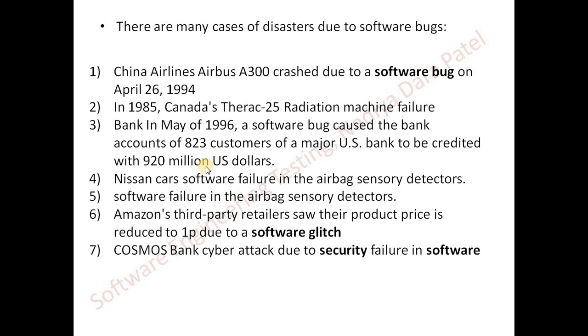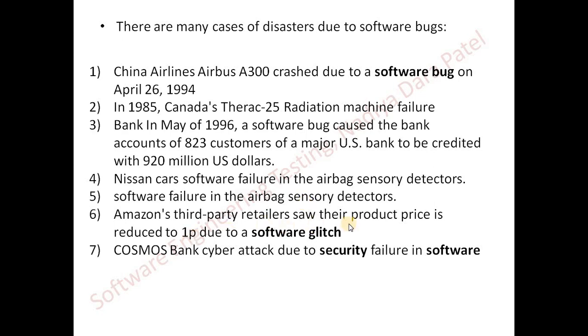As a customer, you might feel happy to read this, but just imagine the loss the bank might have suffered. Nissan cars had a failure in their airbag sensor detector. There was a software failure in the airbag sensing, and accidents took place, as they couldn't satisfy the airbag standard.